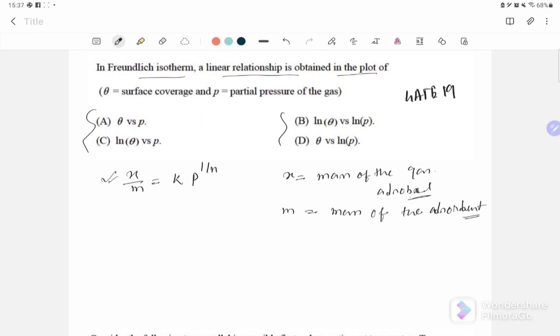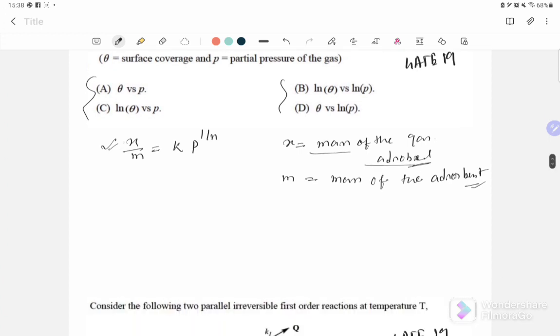Adsorbent means the surface on which the gas is adsorbed. The gas which is adsorbed is called the adsorbate, and the surface on which it is adsorbed is called the adsorbent.